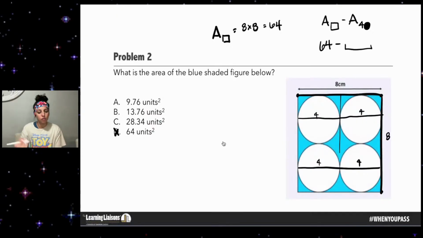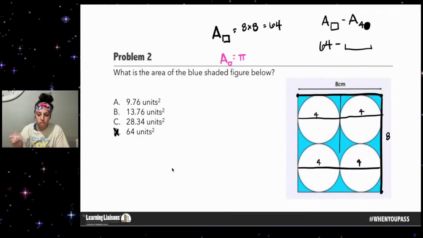Well, how do I find the area of one circle? The area of one circle equals pi r squared. So the area of 4 circles is just going to be pi r squared times 4, right? The area of one circle is pi r squared.